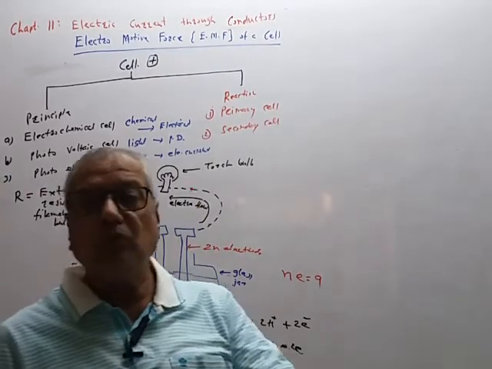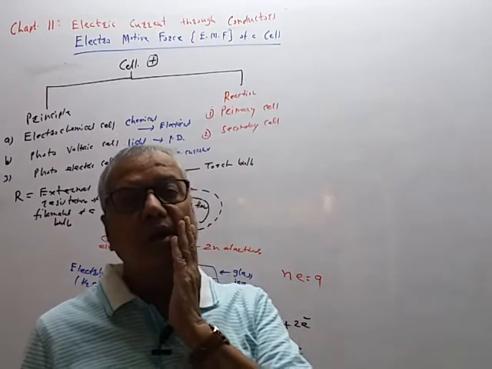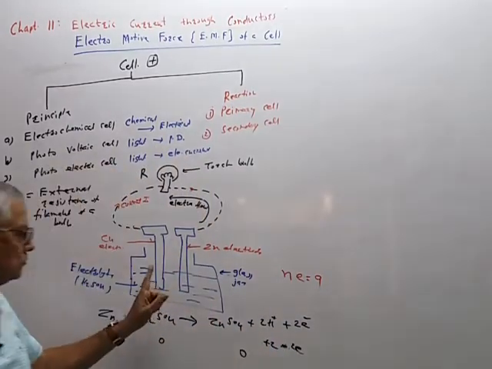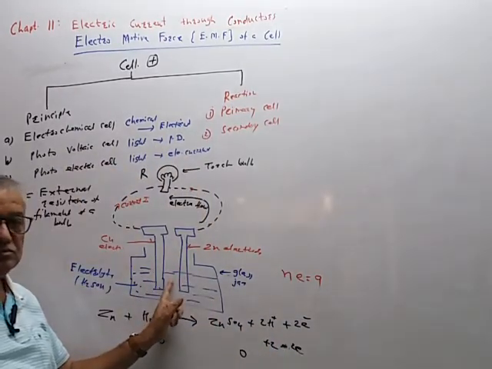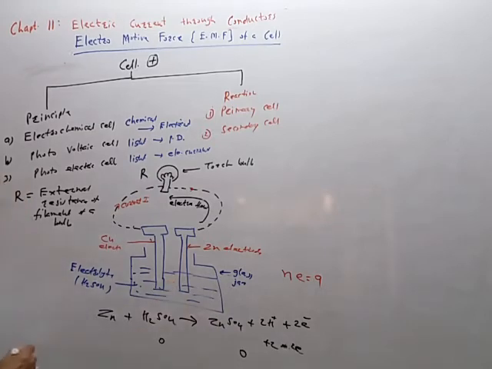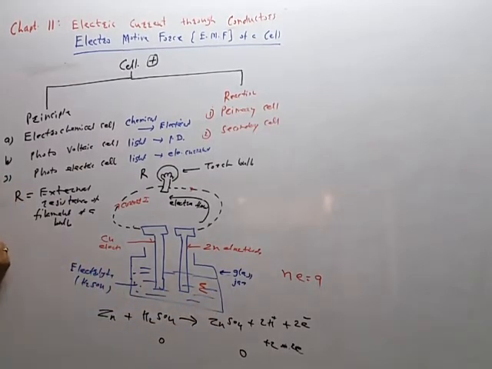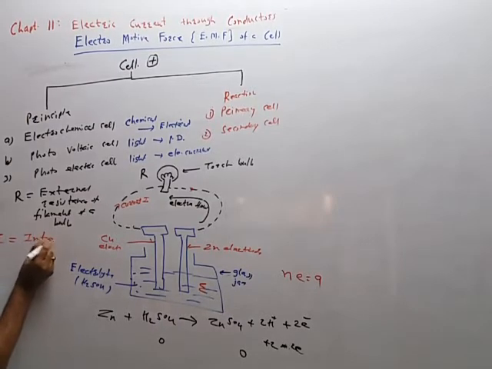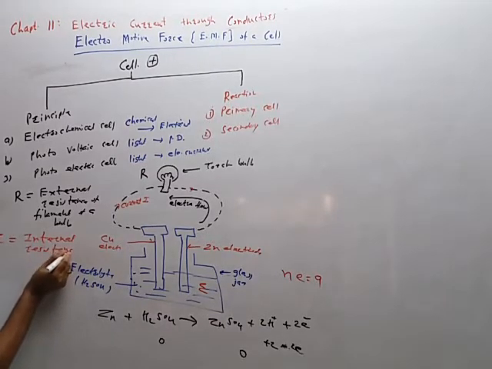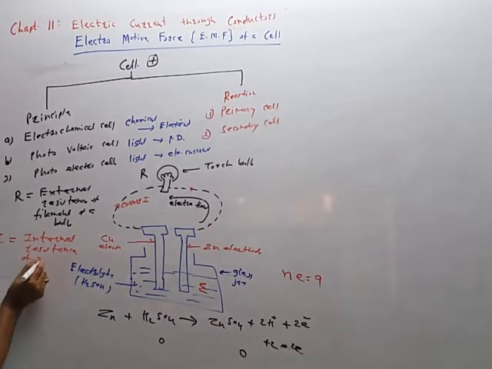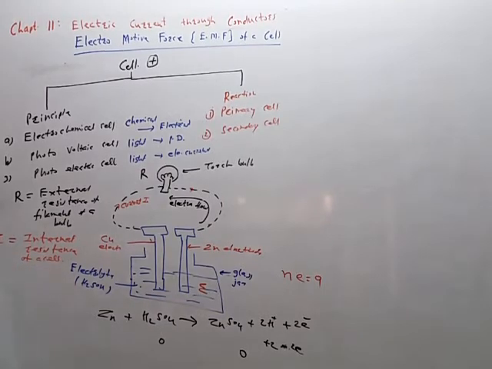And there is one more resistance, here. We will denote this resistance by small r. So this small r is the internal resistance of a cell.